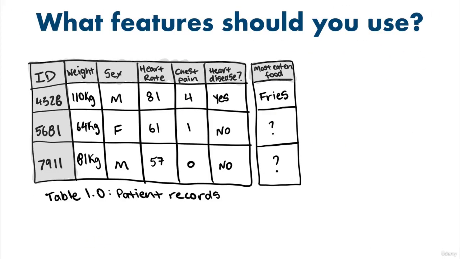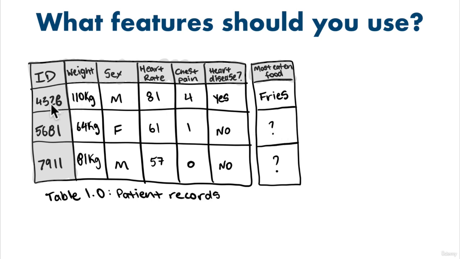The final thing to remember is, a feature works best within a machine learning algorithm if many of the samples have it. For our predicting heart disease problem, say we had a feature which was called most eaten foods, which had a list of the foods the patient ate most often. But only 10% or 10 out of 100 patient records had it.